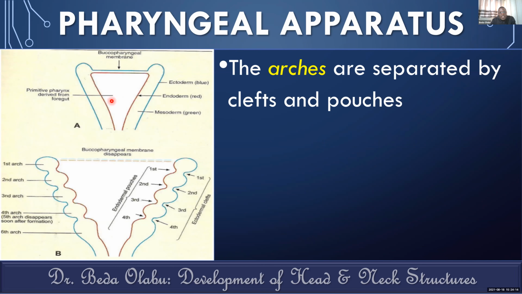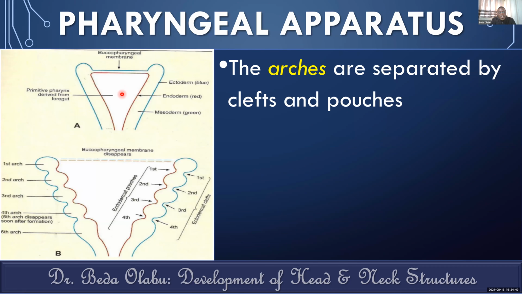Let's assume that this is the inside of the pharynx. Remember, it is on the internal side, so we will expect it to be lined by endoderm. Then consider this outer one to be on the outside, so we'll expect that to be lined by ectoderm. And this tissue between endoderm and ectoderm is what we call mesoderm.